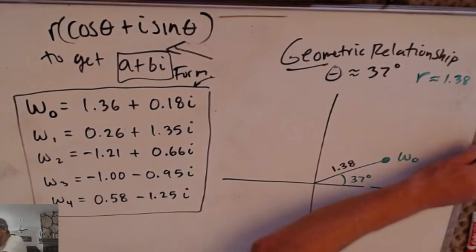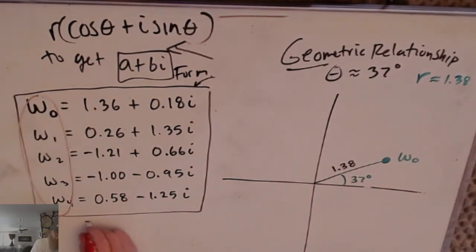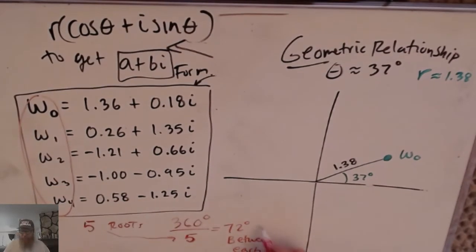And then now you have 5 roots in a circle of 360 degrees. So you divide 360 by 5, and you get 72 degrees between each root.